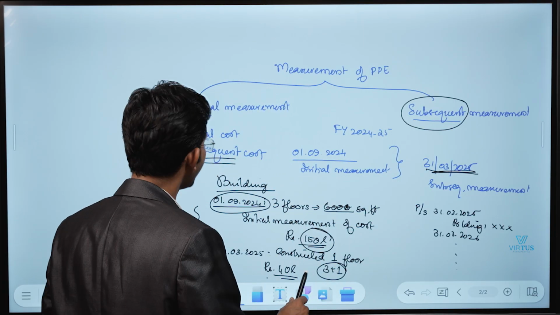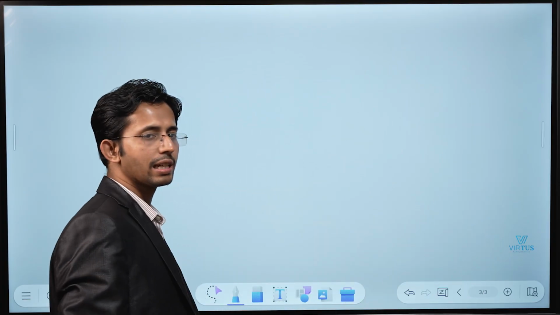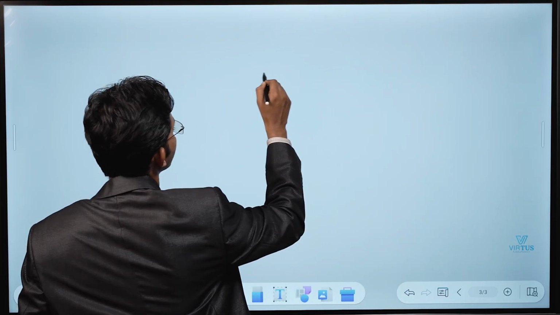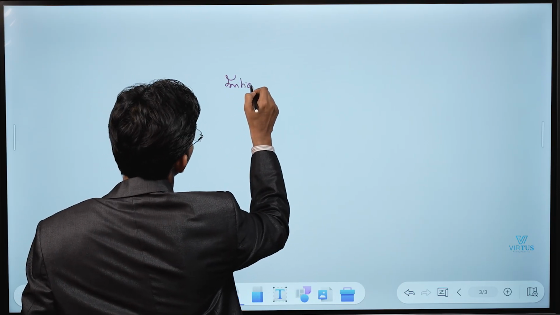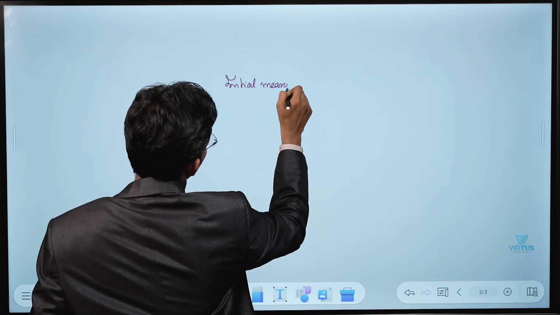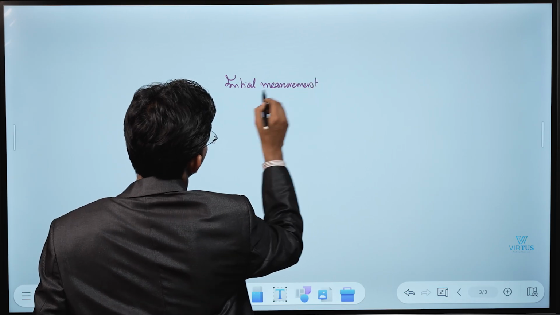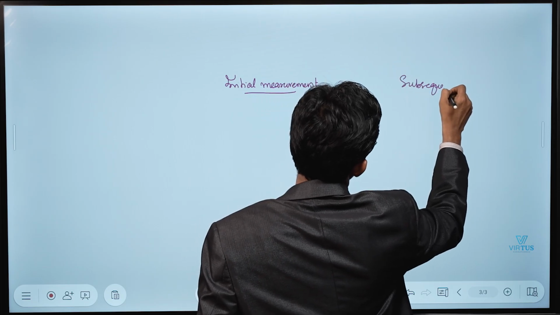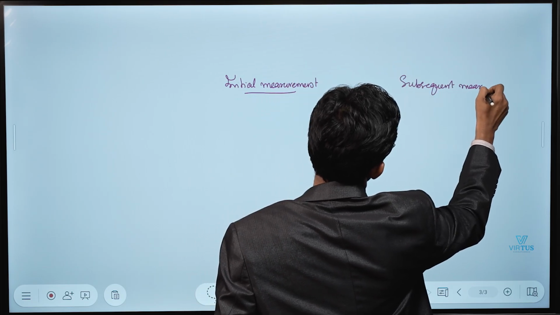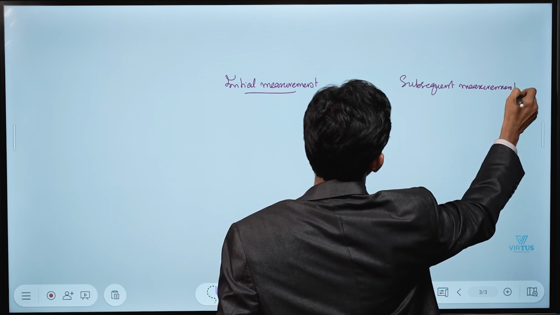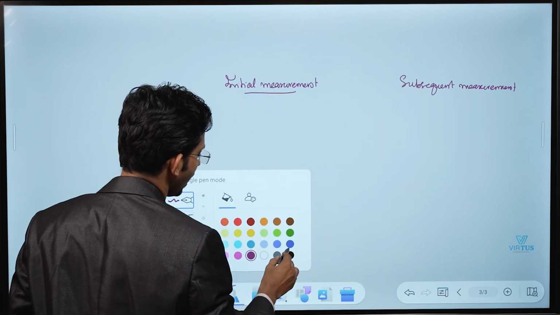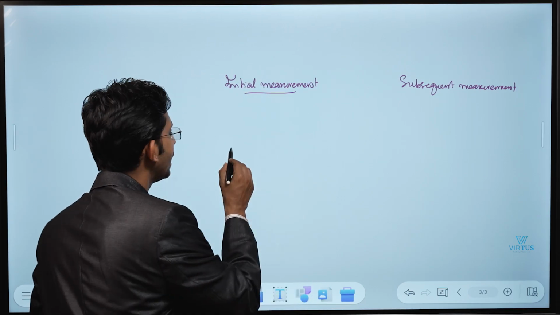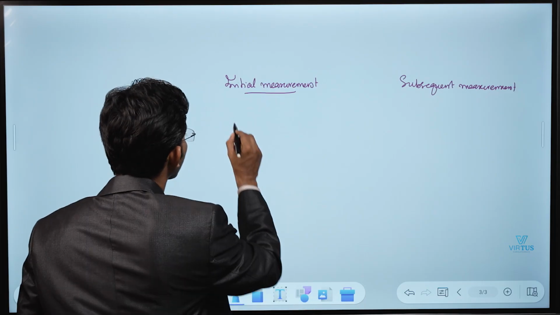Now if you see, the recognition principles I would say are different for 3 different things. One is initial recognition, initial measurement of cost, and subsequent measurement. Now if you see the initial measurement, the standard says that any property, plant or equipment should be initially recognized or recorded at cost.